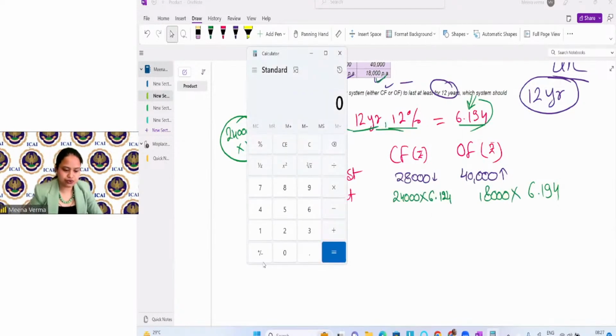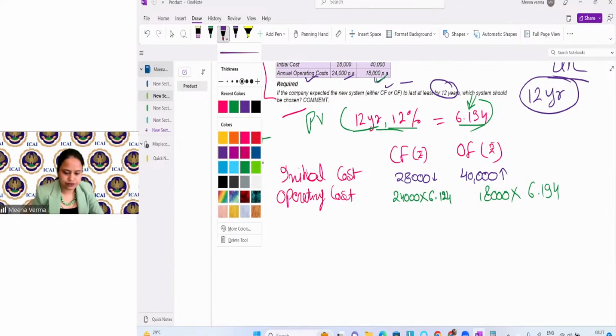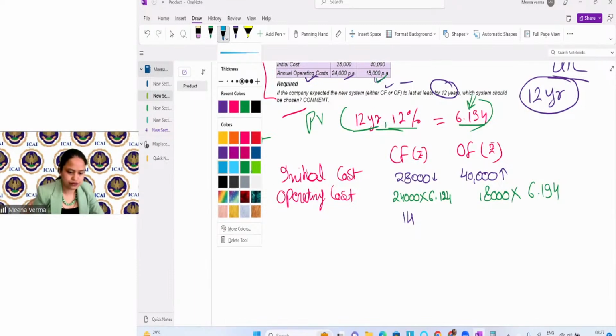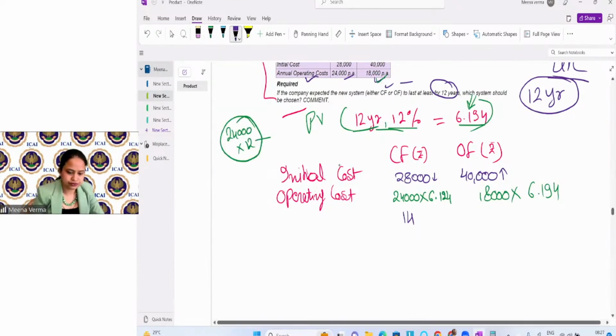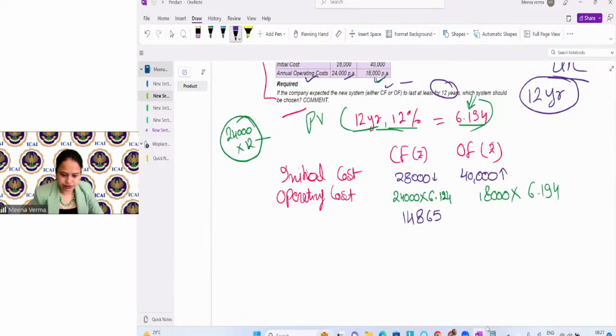So we have 24,000 into 6.194. This value is coming as 1 lakh and 656.